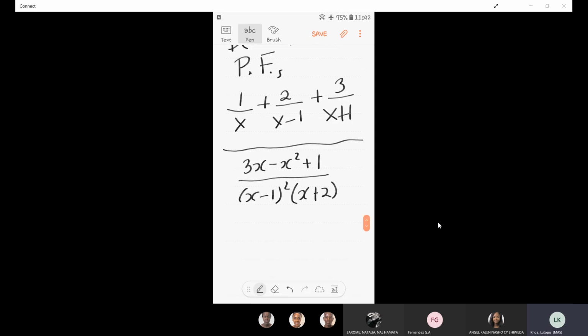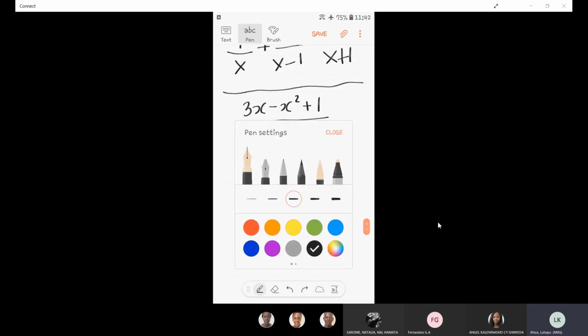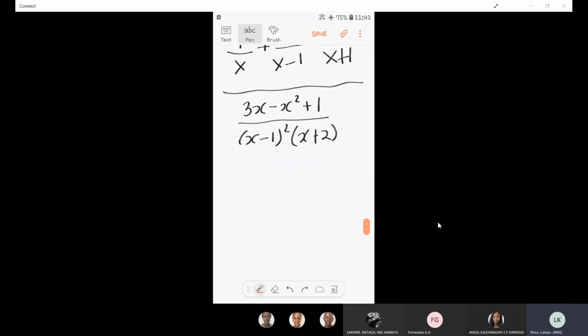So you can see this is factorized, but you could look at the denominator in this way. The denominator, I wanted to use a different color. Now the denominator, you can look at it as x minus 1 times x minus 1 and then x plus 2. This is what the denominator is.